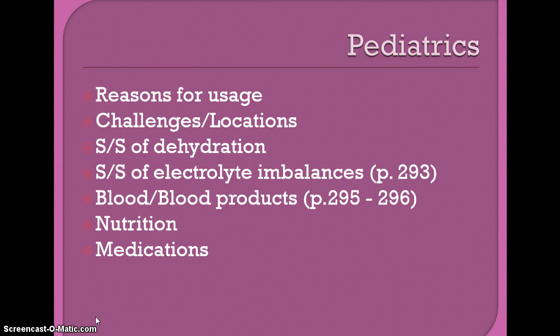I do want you to know, though, that some of the signs of electrolyte imbalance can be arrhythmias, altered respiratory effort, and muscle spasms. And the types of signs and symptoms that they have can estimate the severity of the condition.